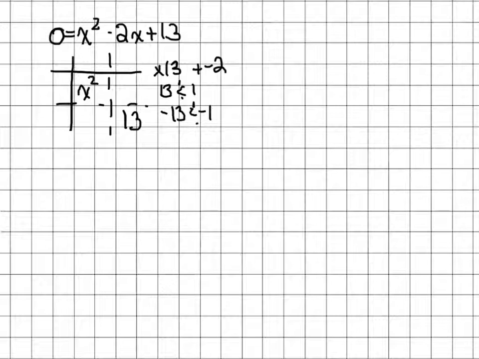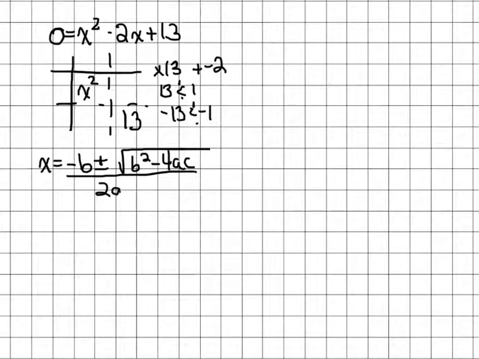So I have x equals minus b plus or minus the square root of b squared minus 4ac, all divided by 2a. And I know that a is equal to 1, b is equal to -2, and c is equal to 13.